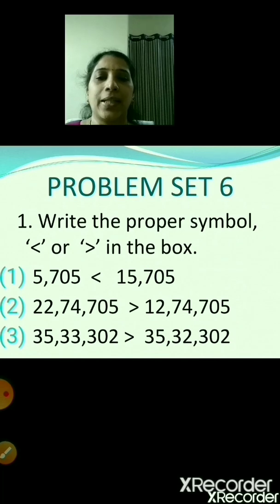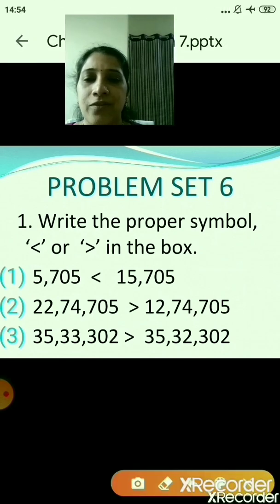Let's move to the third one. 35,33,302, and the next number is 35,32,302. So first we are going to check both the sides, the same digits are there. Yes, they are the same digits. So both sides, it is a 7-digit number. So we'll start with the comparison.